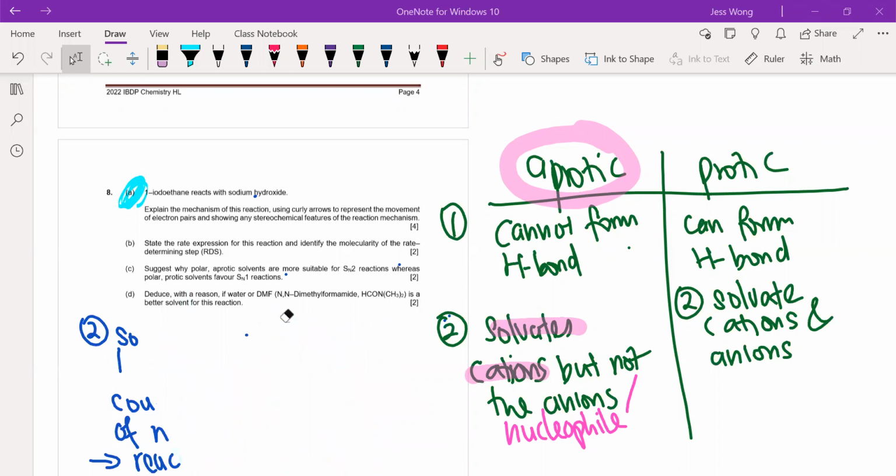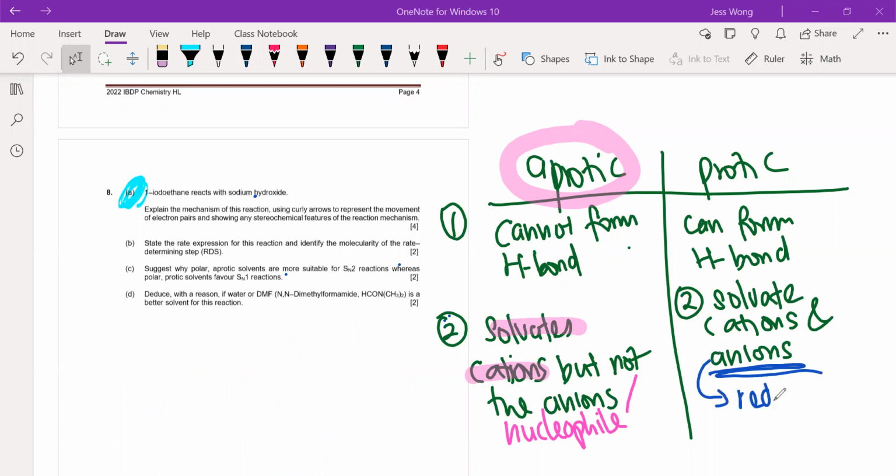The protic solvent, on the other hand, solvates the cations and the anions. Because the protic solvent solvates the anions, it will reduce the reactivity of the nucleophile. As it reduces the reactivity of the nucleophile, it's not that suitable for SN2 reaction. So therefore, a protic solvent is more suitable for an SN1 reaction. Right? And if you remember, one of the important features of an SN1 reaction is the carbocation.